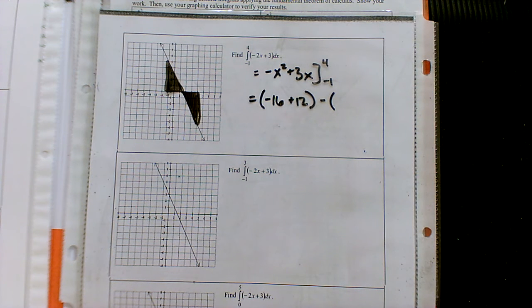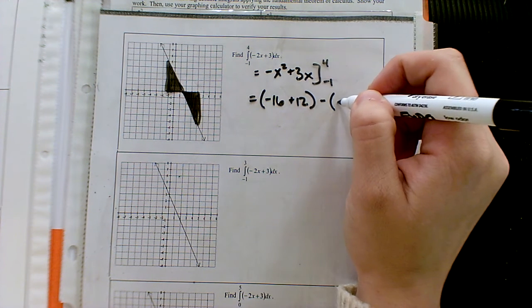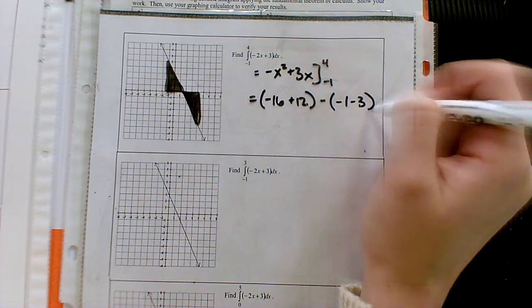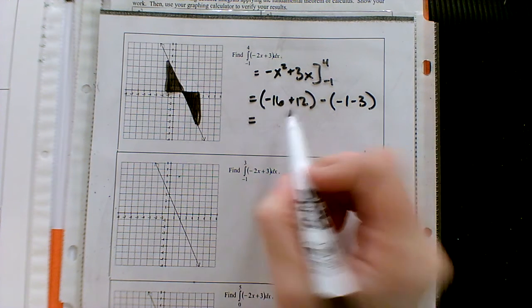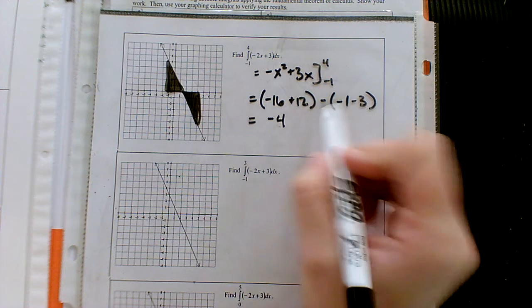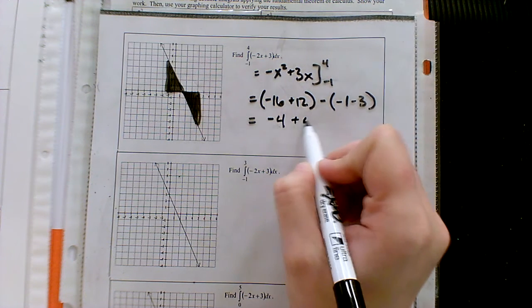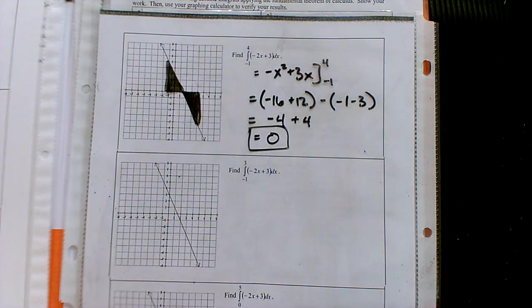And then subtract what we get when we plug in the bottom bound. So plug in negative 1, we'll get negative 1 minus 3. So negative 4 minus another negative 4 changes to a plus 4. Looks like we get 0.